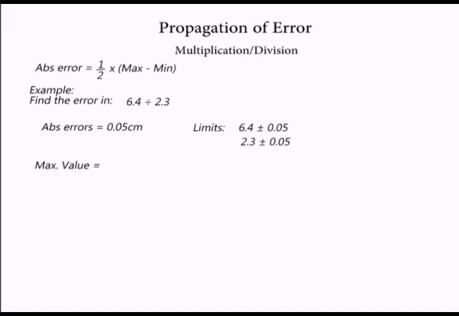The maximum possible value for this division, in this case, we divide the upper limit by the lower limit. I hope that makes sense to you. And so we choose the upper limit for 6.4, that is 6.45, divide by the lower limit for 2.3, and that is 2.25. If we divide that, we get 2.8667.